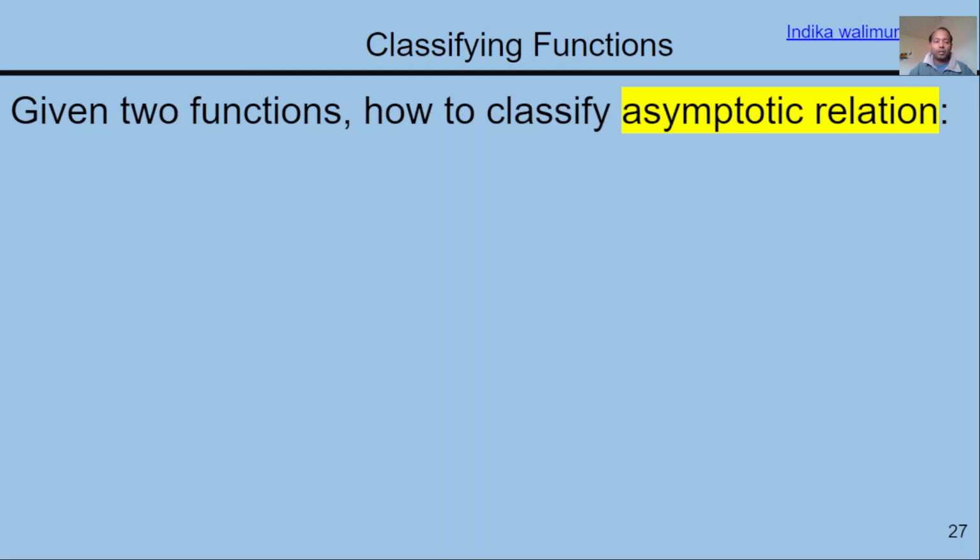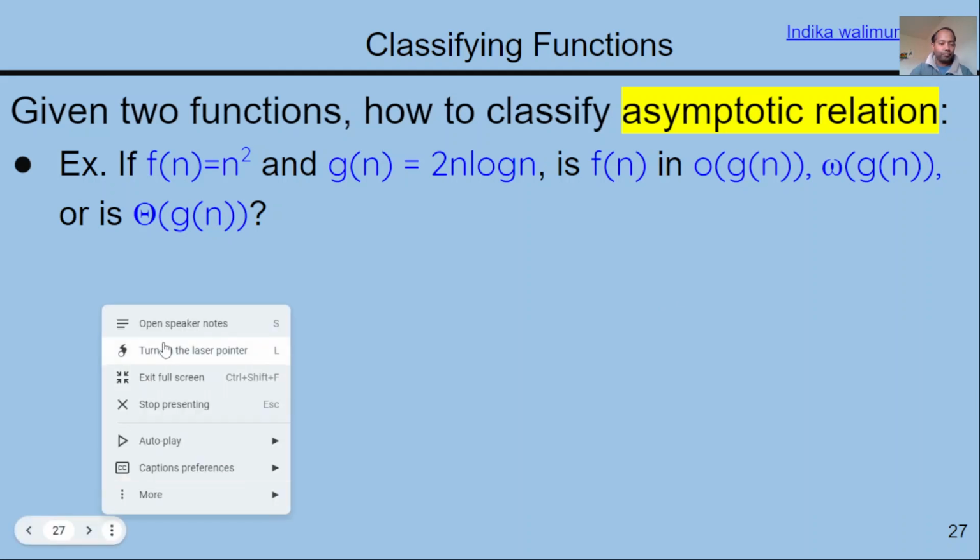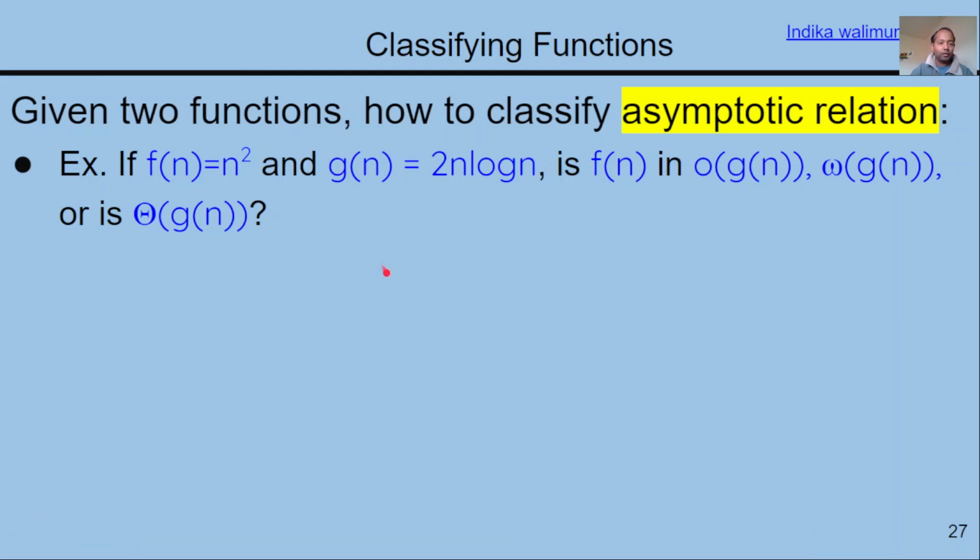All right, so we are continuing classifying functions. So now the question is, if we have two growth functions, then how do we classify the asymptotic relation between the two? Okay, so let's talk about that. For example, we have Fn equals n to the 2 and Gn equals 2 n log n.